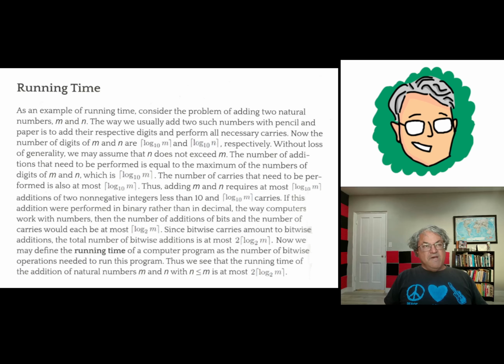Now we're just talking about the complexity of the input that we give the computer. We give it two numbers, m and n, and computational complexity is defined as the number of bits of information in the input, and that's equal to the ceiling of log 2 m plus the ceiling of log 2 n. We can call that k if you like.